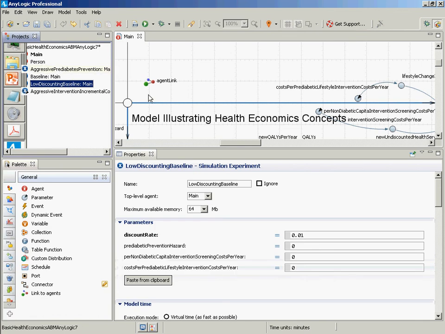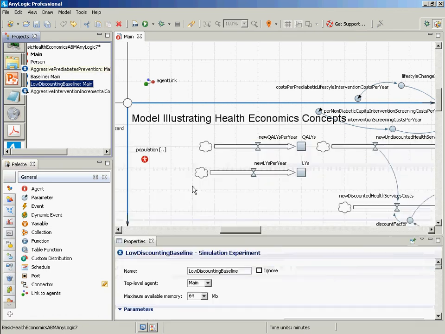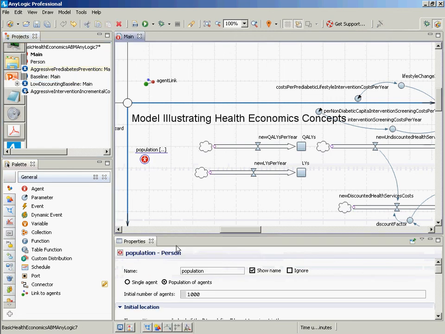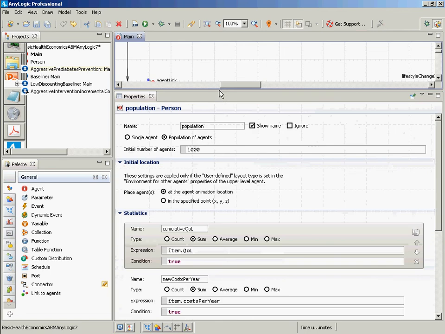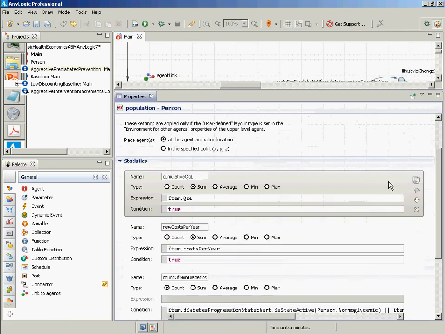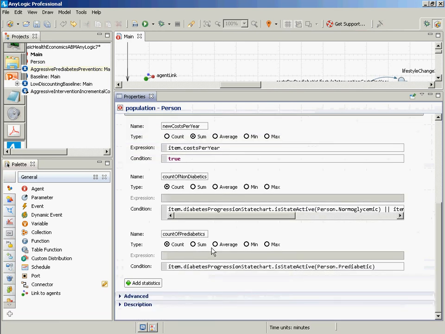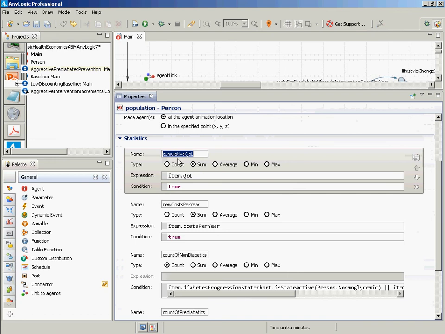Here, we have a variety of statistics calculated. You notice this one is cumulative quality of life, and here we're taking the sum across the population of individuals' quality of life. Here, a new cost per year. We have cost per year an item. And when you look at this, it becomes clear item is a person here.